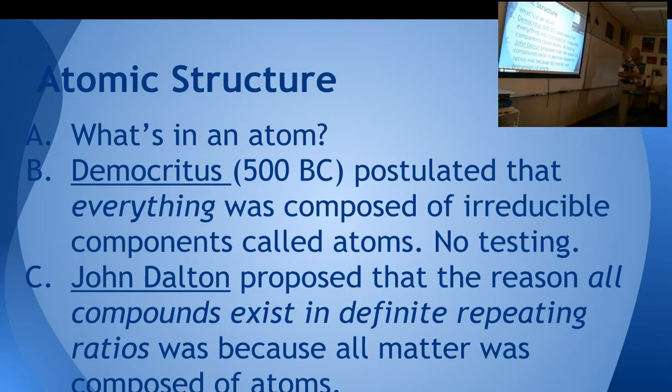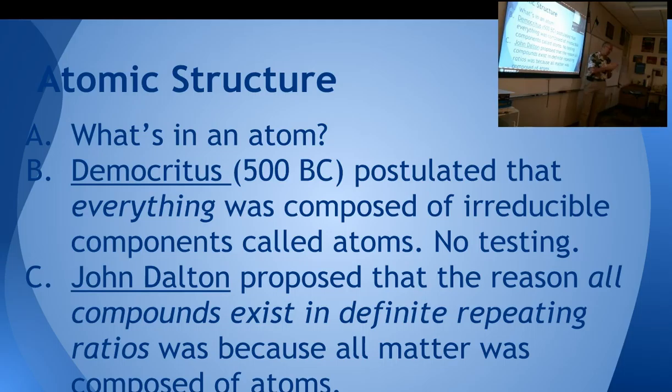John Dalton, much, much later, said that all compounds exist in definite repeating ratios, and that was because matter was composed of atoms. So he went back and reinforced with some experimental data the ideas of Democritus. Of course, again, he didn't have any ability to visualize the atom, but he noticed that if you do chemistry and you're careful with how much of what things you add, it's always chunky.